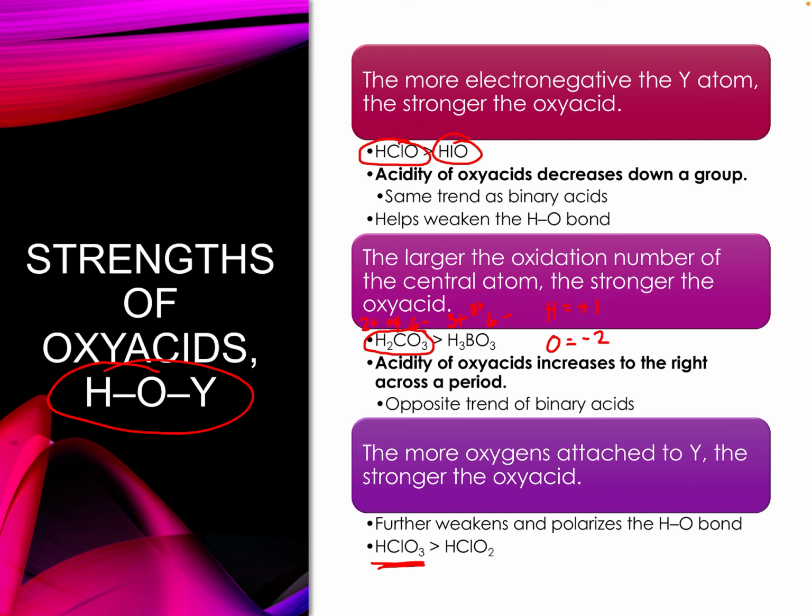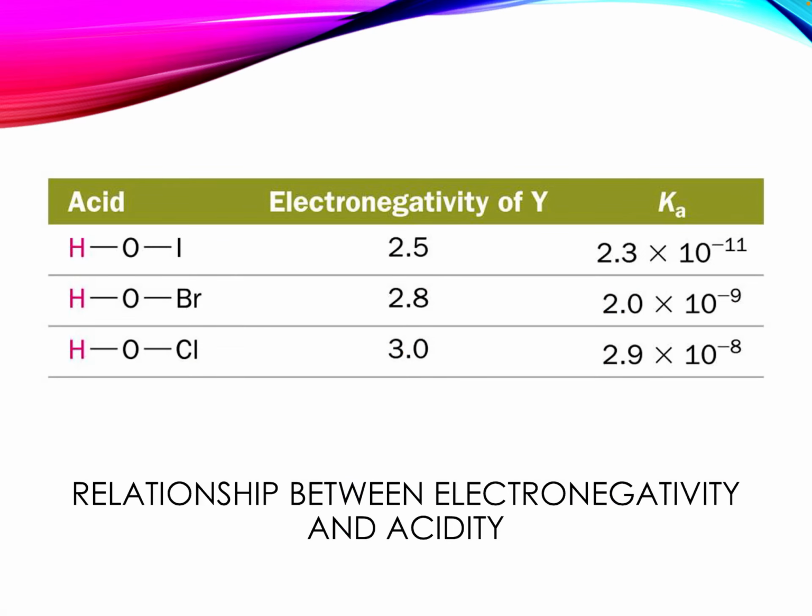And as we do that, we're increasing the polarity of the hydrogen bond onto the molecule, and that increases the acidity of that hydrogen, making it a stronger acid. So here we go. If we have hydrogen, oxygen, and then something, right?